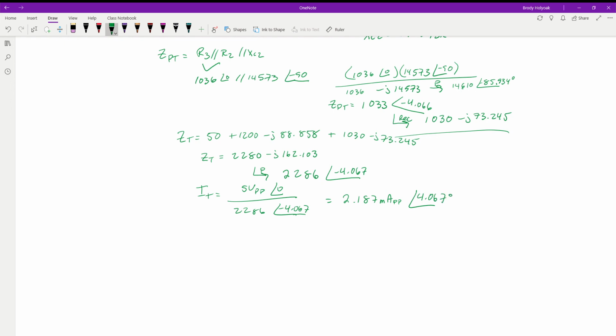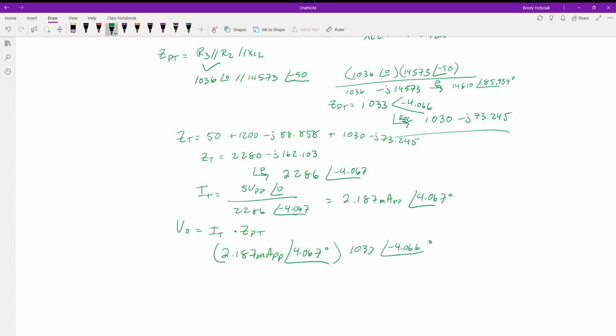Now we need to find the voltage out. We're going to take our current total and multiply that by the parallel total. So we have 2.187 milliamps peak to peak at an angle of 4.067 degrees. We're going to multiply that by our parallel total, which we found up here, 1033 at an angle of negative 4.066 degrees.